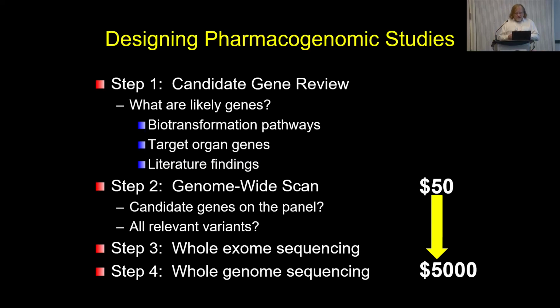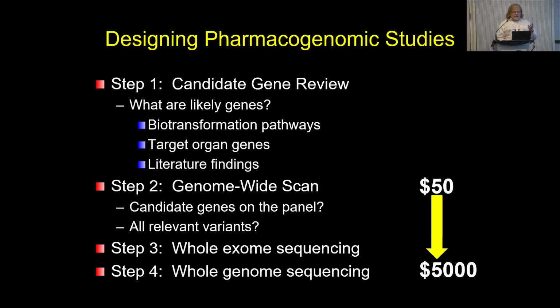I don't know where they're getting that. That's not what the cost is for whole genome. And more data, as you know, as epidemiologists, does not necessarily mean better outcomes. It means you have more to work through, more multiple testing errors that are possible. And so I love the sequential step approach of thinking about the design of a pharmacogenomic study.